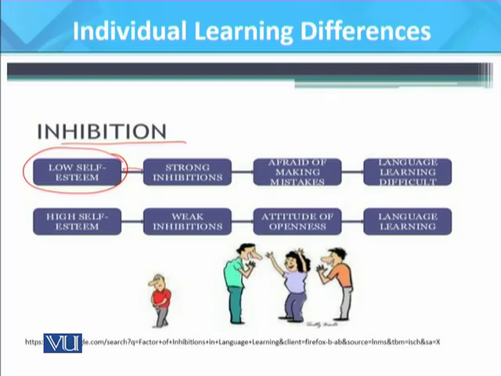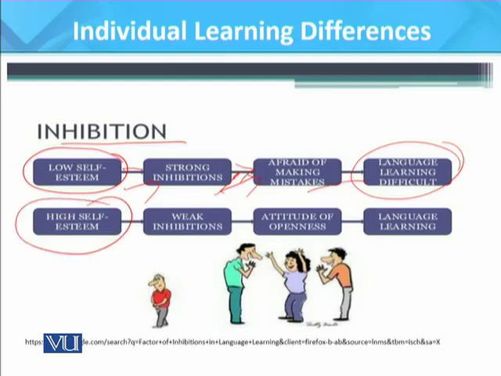One who is going through a feeling of inhibition will be afraid to make mistakes, and language learning will become difficult because making mistakes is a natural phenomenon. One has to go through this process. So low self-esteem generates strong inhibition, resulting in apprehension or fear of making mistakes, and this results in difficult language learning.